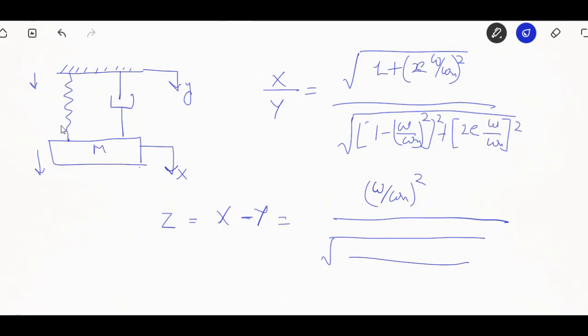Now let us take an example of an automobile. Let's say an automobile has its own weight, right? And the shocker part, which is essentially the springs, experiences 0.1 meter compression under the influence of the automobile's own weight.